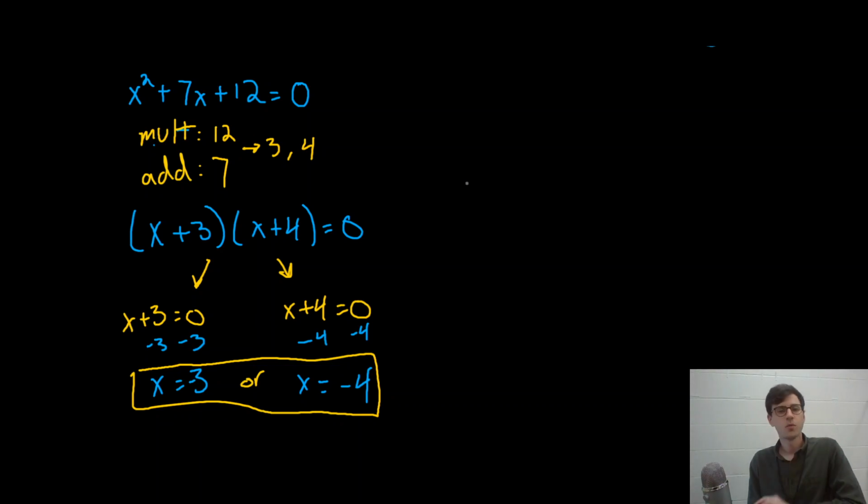Okay, I want to do one more problem. How about this one? 4x squared plus 21x equals negative 5. Oh my gosh. How could I possibly solve this?